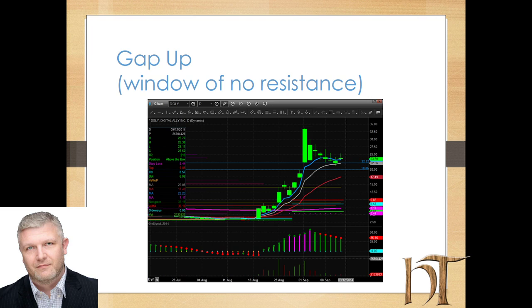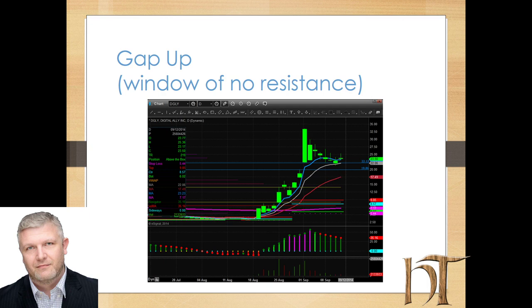As soon as the stock starts to break into the window, we know we have a potential for what's called a gap fill. The stock could sell off all the way down. So a little gap up, and then if it breaks into the window, it could sell off all the way down to this previous level here.